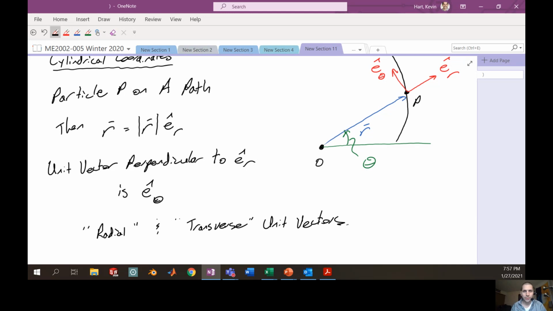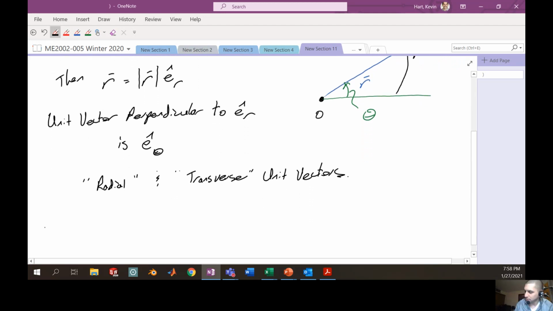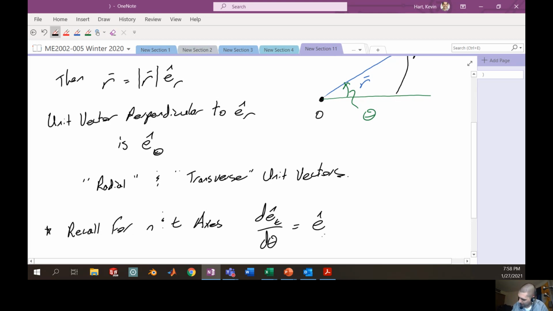We're going to gloss over a little bit of the derivation of the derivative of the unit vectors. But maybe it's useful to do it here, so let's go ahead and do it. So recall, for your normal and tangential axes, that the derivative of e hat t with respect to theta, now this is your angular derivative, was e hat n.